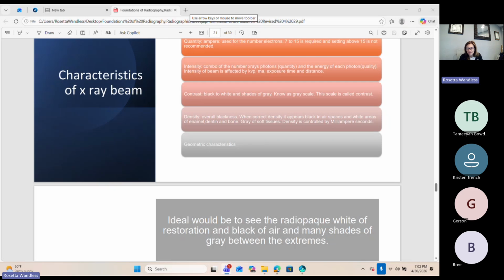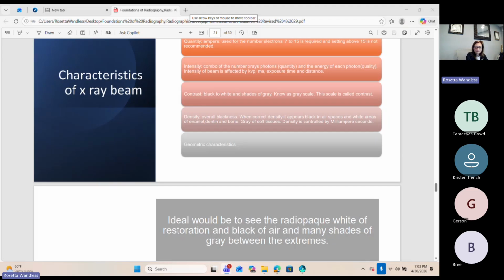We're going to talk about that in the next chapter or next session, all about the film composition. The larger the crystals that are in that film, the faster the film, the sharper or how we get it. So film composition has a lot to do with that.